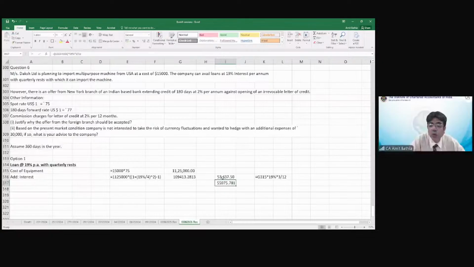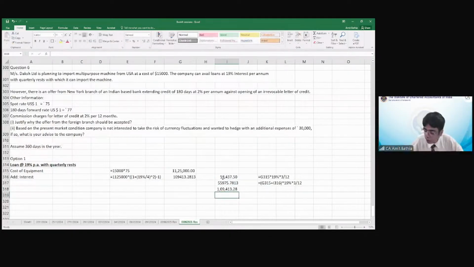You can see these are 2 quarters, right? Total interest how much is coming? 109,413.28. So whether you want to do it this way, quarterly interest computation, you can do that also.